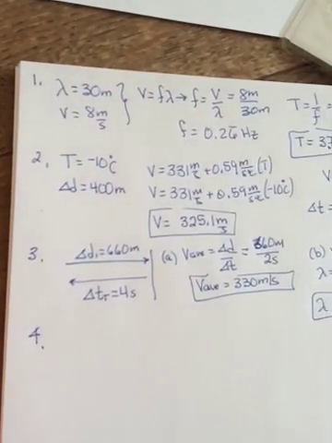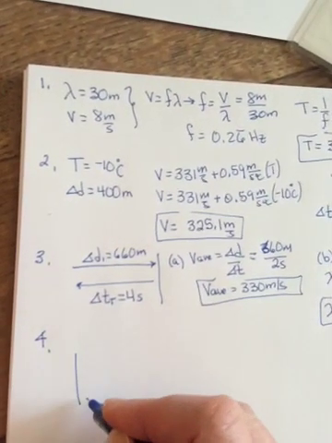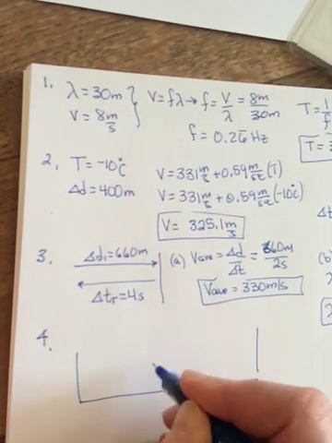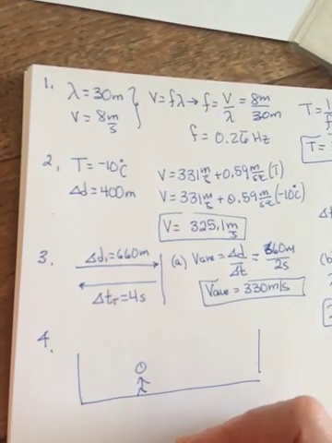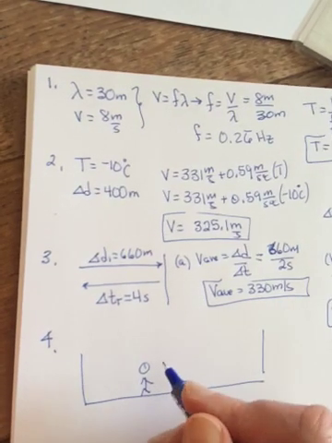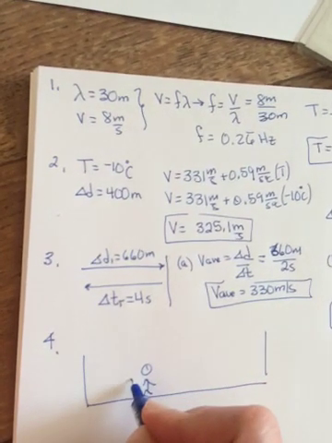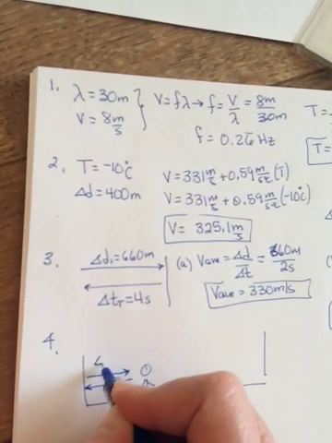Number 4, you're in a very large hall, standing not quite halfway down its length. Okay, so here's the hall, and you're not quite halfway down. Okay, you hit a gong and hear the echo off the closest wall 1.4 seconds after you strike the gong. So it goes down and it comes back.